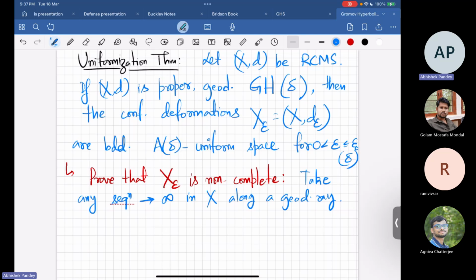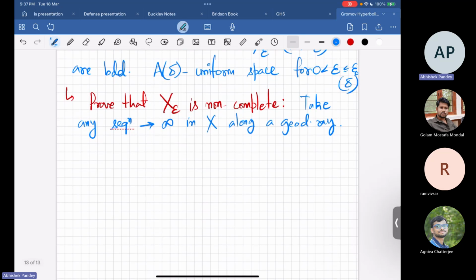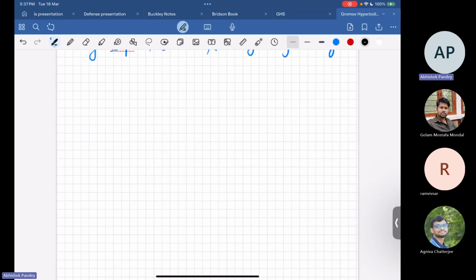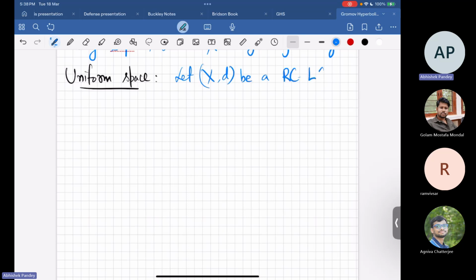Let me just quickly mention what a uniform space is. The geometry will be more clear if we consider domains in R^n, but let me just quickly mention. This will be the last thing. Uniform space: let (X, d) be a rectifiably connected, locally compact, and non-complete metric space.